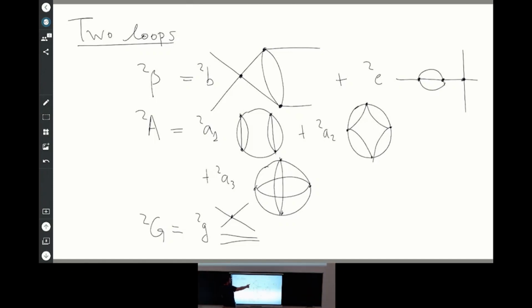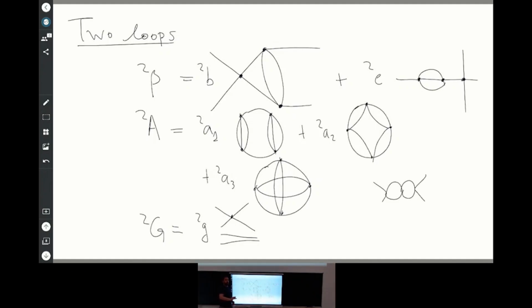Now, obviously, if I take a derivative of this, all vertices are equivalent. It doesn't matter which one you hit. I'm going to open up, say, this one, which means that I'm going to get a diagram that looks like that. And that's a unique way to get a diagram that looks like that. Now, if I hit a vertex here, they're all equivalent again, and I'm going to get a diagram that looks like this.